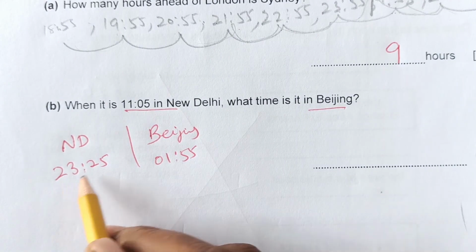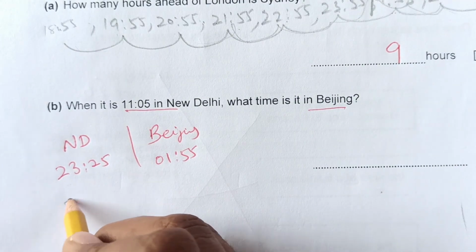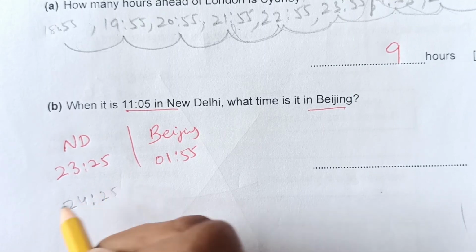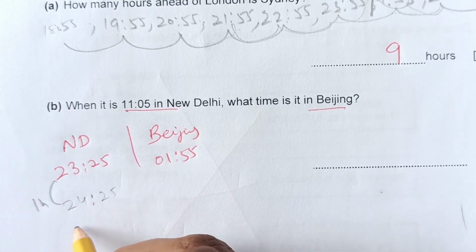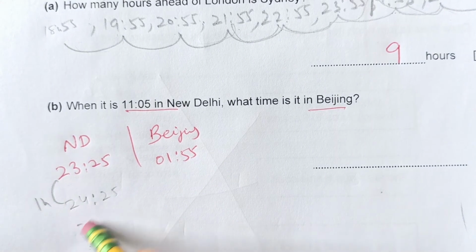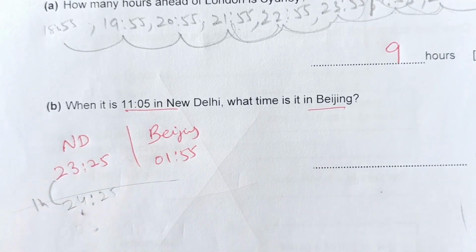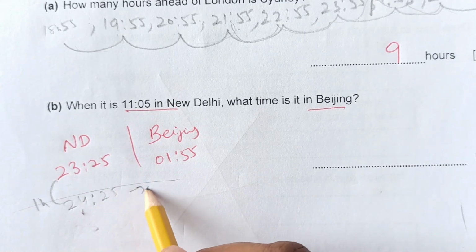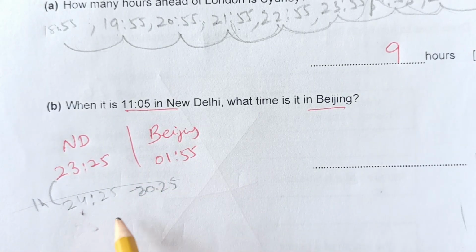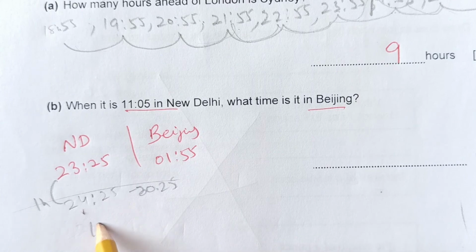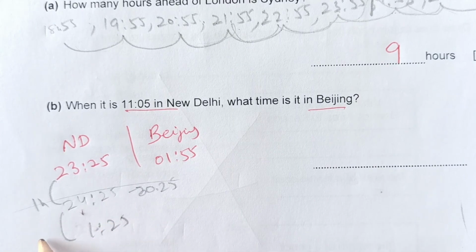From 23:25, then there will be 24:25. So this is 1 hour. After 24:25, it is actually midnight, 0:25, right? Then after this there will be 1:25, again 1 hour.